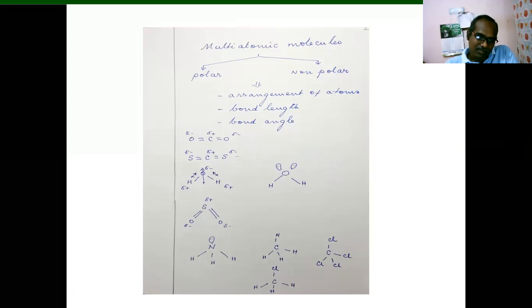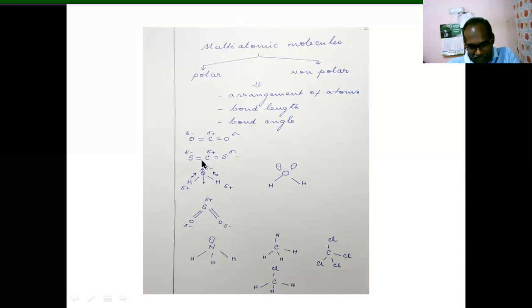But only because of these two lone pairs, because of the lone pair bond pair interaction, the water molecule is bent shaped. And because of this bend, what happens? The hydrogen possesses a partial positive charge, oxygen possesses a partial negative charge. One vector is slightly bent, another vector is also slightly bent.